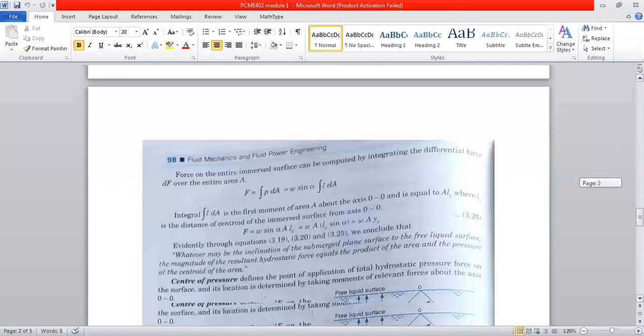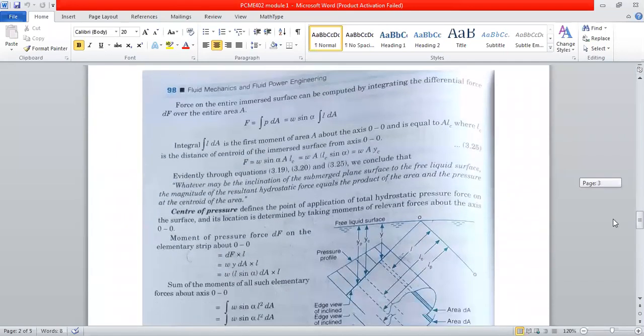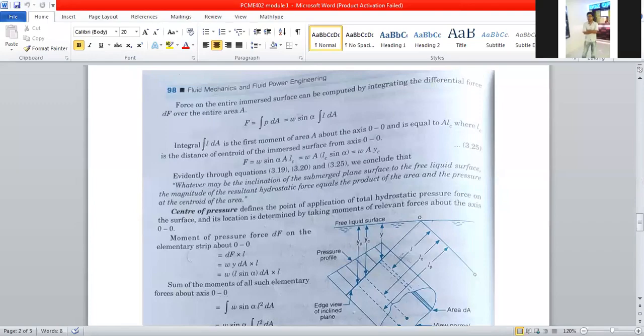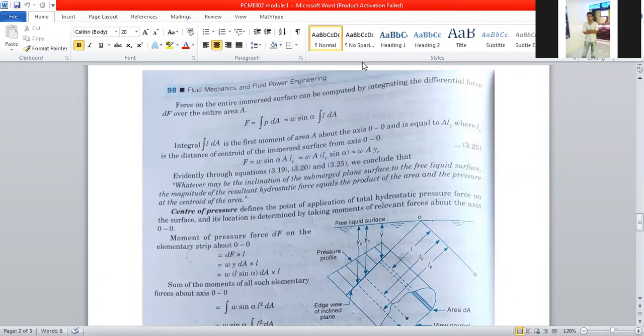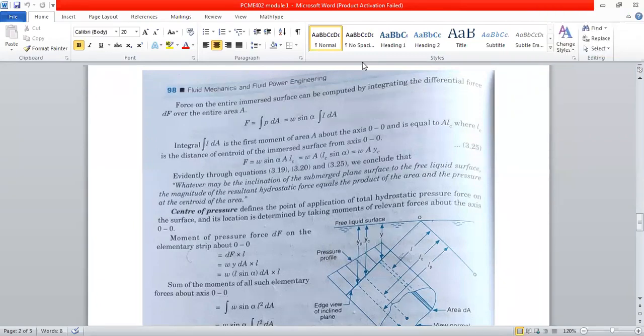So the total force on the submerged body, we have to consider this. Once again, total force on the submerged body is the integration of P dA.